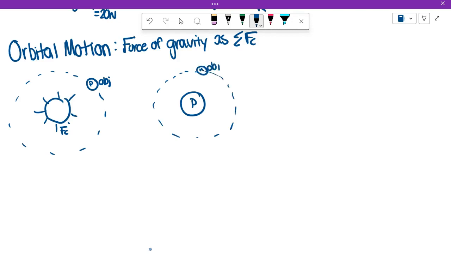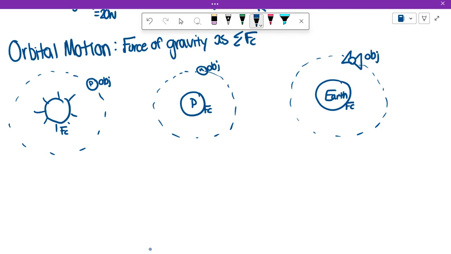And in that case, the object would be the moon and the planet would be the field creator. And we can even see it with the Earth and satellites that orbit the Earth. And yes, my satellites kind of look like TIE fighters. And in that case, the Earth is the field creator and the satellite is the object.